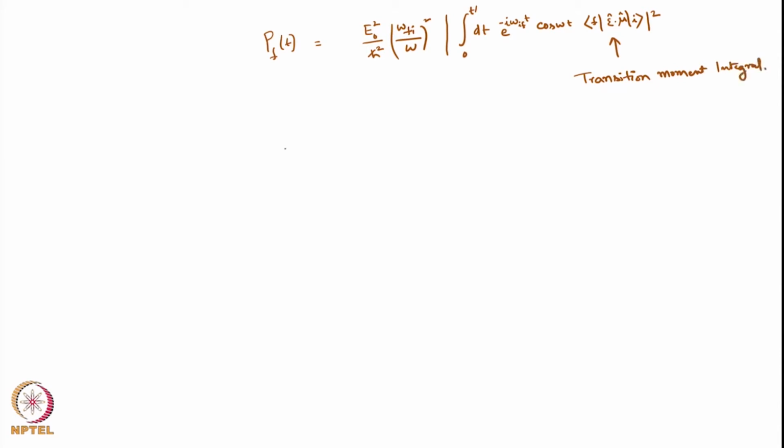So, one can think of P of t to be proportional to the square of the transition moment integral. In the transition moment integral, the operator E dot mu says that the dipole moment of the molecule or the atom.